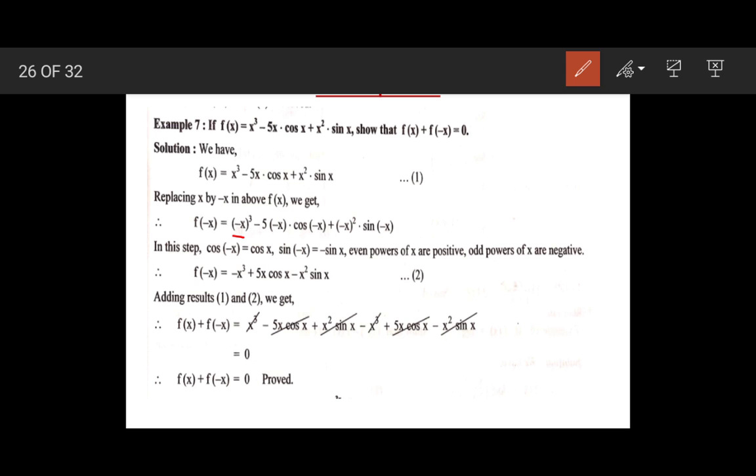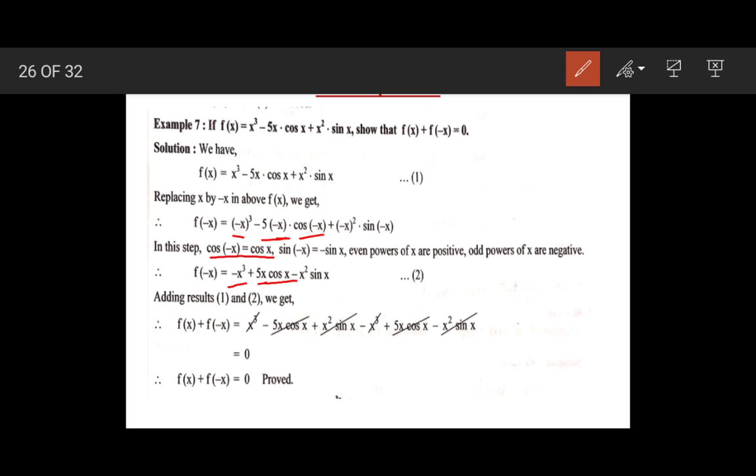minus x cube. x raised to an odd number is there, right? So the answer will be negative. So minus x cube minus 5. Then minus x. Minus 5 into minus x is 5x. Then cos minus x. Cos minus x is cos x.